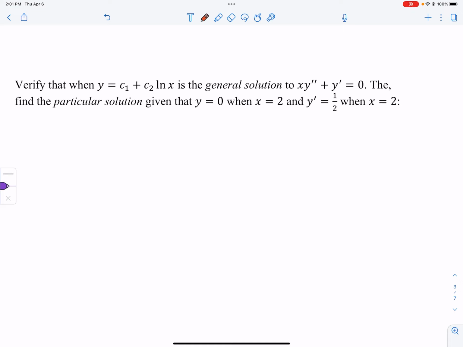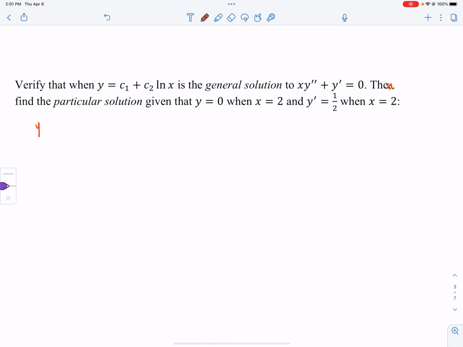And then, that should say then, we want to find the particular solution. Given that y equals 0 when x equals 2, and y prime equals 1/2 when x is equal to 2. Okay, so first let's verify, 2 steps here.